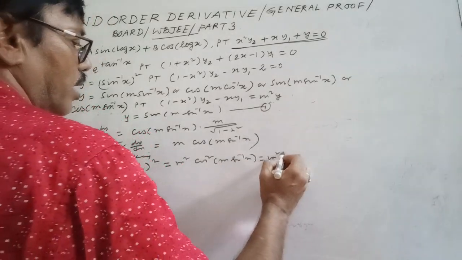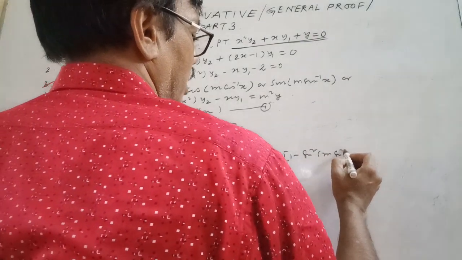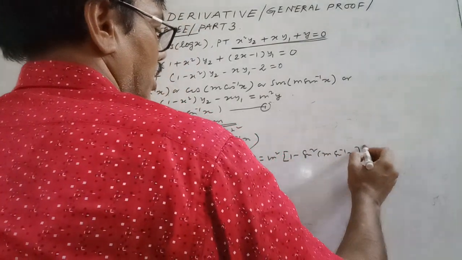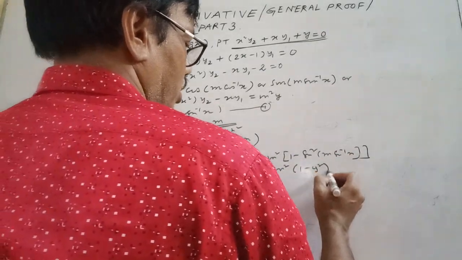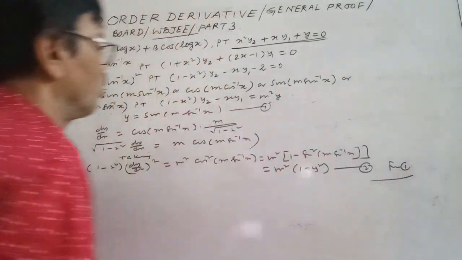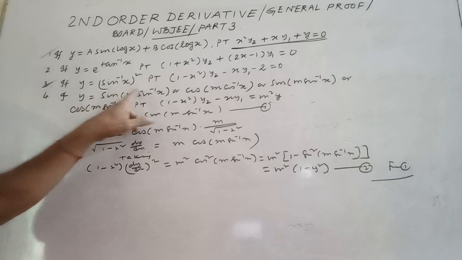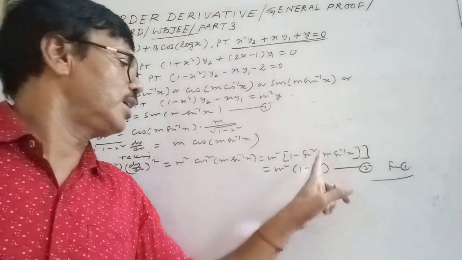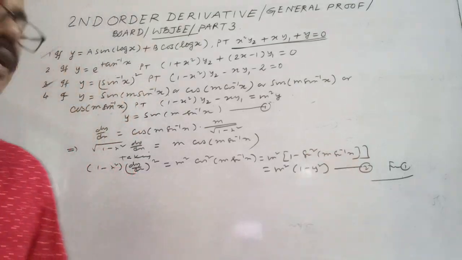Now m square, this is 1 minus sine square m sine inverse x. Now m square into 1 minus y square, this is 2 from 1. These to be noted. y equals sine m sine inverse x. So sine m sine inverse x, then whole square. So this is 1 minus y square.